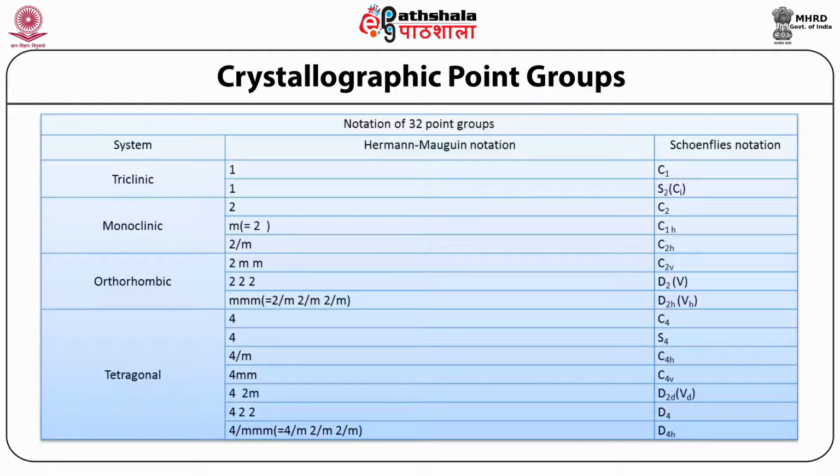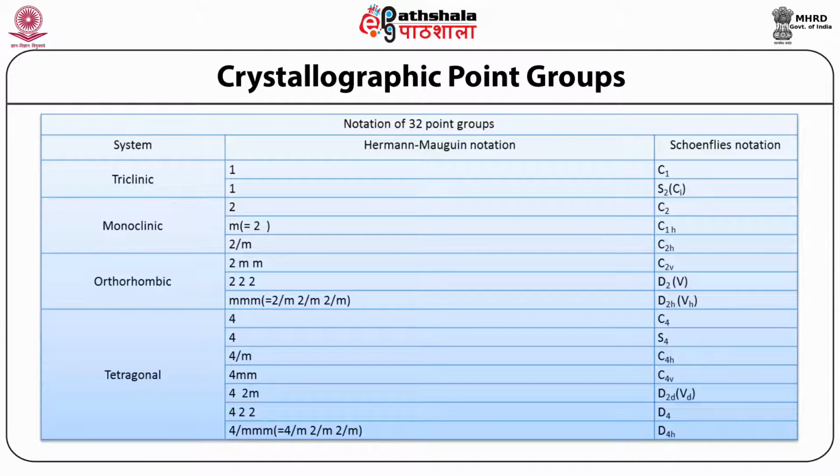Monoclinic under Hermann-Mauguin notation is represented by 2, also m, which is equal to 2 bar, and 2 by m. Corresponding to this notation, we have in the Schoenflies notation C2.